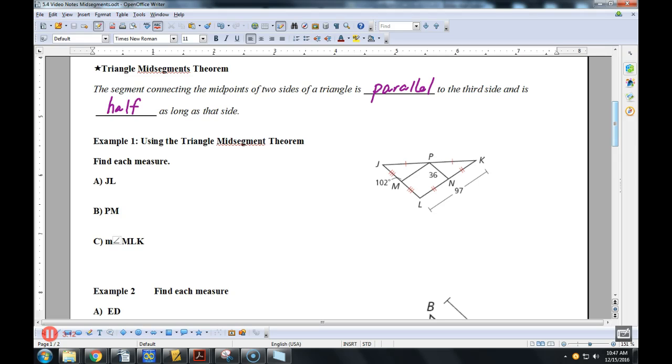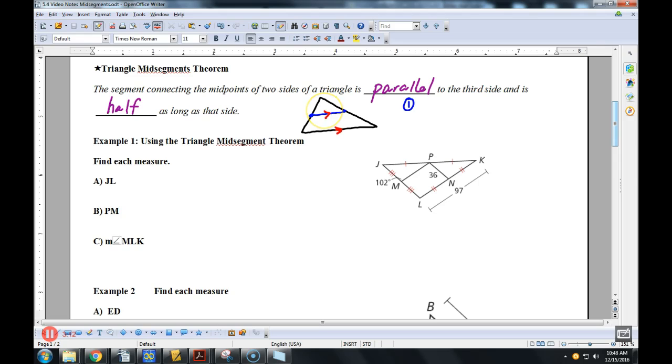So let me just do a little sketch right in here. So I have some sort of a triangle, all right, and I find a couple midpoints right here and right here, and when I connect those together, that blue line is kind of special, because the first thing from our theorem up above is that this blue line is parallel to the side that it's not connected to. They're referring to this down here at the bottom as the 3rd side.